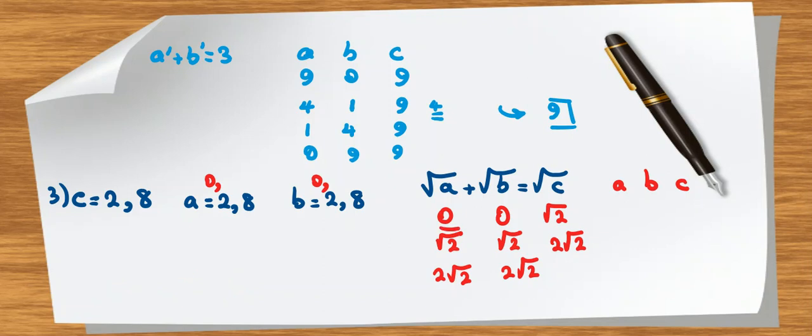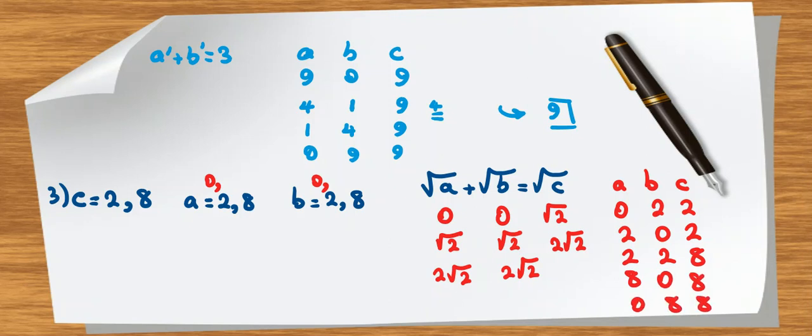Okay, if one of them is 0, for example, 0, root 2, root 2, so it is what? 0, 2, 2, 2, 0, 2, and root 2 root 2 will be 2 root 2, so it will be 8. Root 2 root 2, 0, 2 root 2, so 8, 0, 8, and 0, 8, 8. So 1, 2, 3, 4, 5. We found 5 other answers.